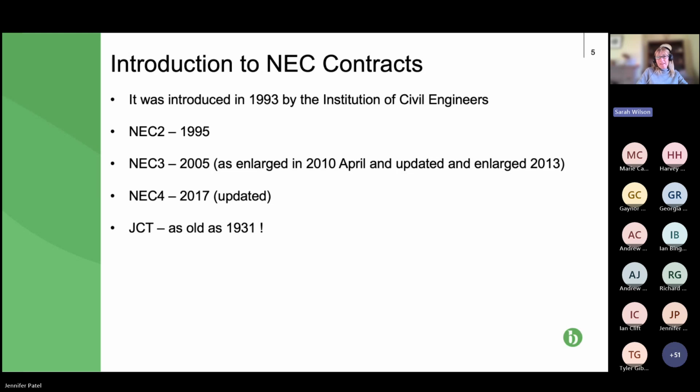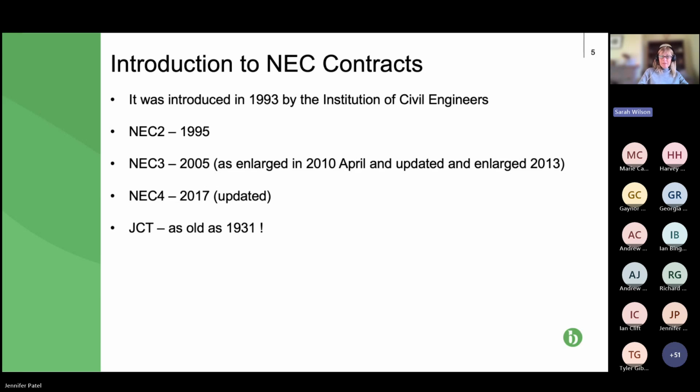You can see why we say it's a new contract, because the final bullet point refers to JCT, which was introduced in 1931. So actually not long till it has its 100th birthday. So you can see why NEC is considered new. You can also see there the iterations that we have of NEC. Obviously, we have similar with JCT.